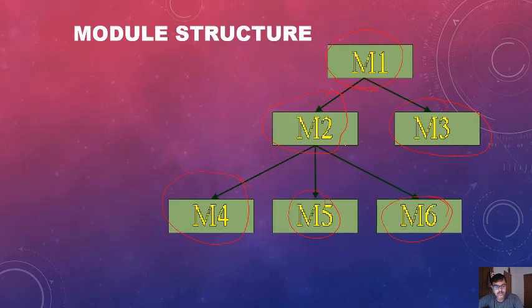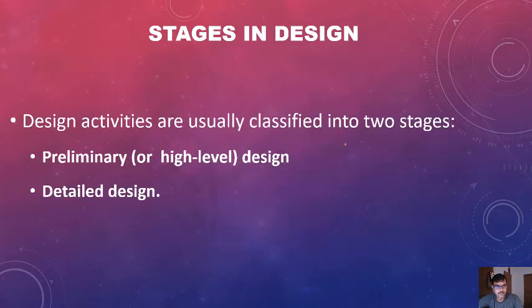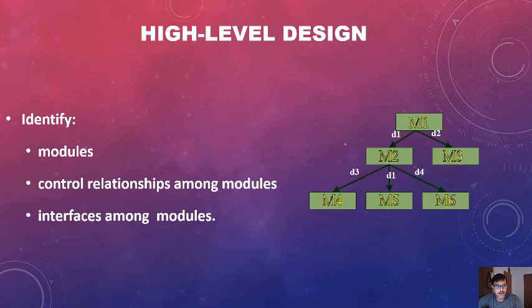And then after creating this type of structure of modules, we will go for the next step, that is the detailed design. So the design activities are usually classified into two stages: preliminary or high level design and detailed design. The high level design means identification of all the different modules.